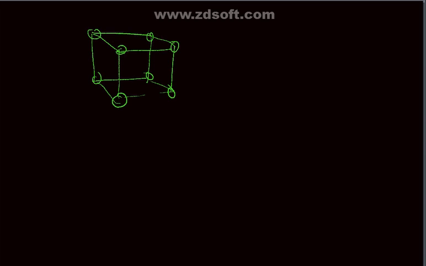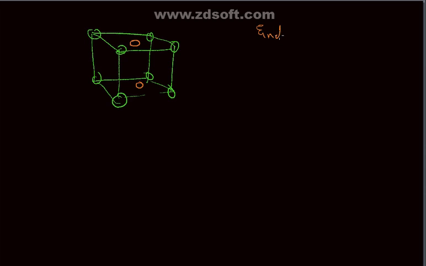The atoms present at corner along with any one of the ends. I consider top and bottom. If you want, you can draw the left one, right one, front and the back one. This is about the end center, which is not a specific cubic one.